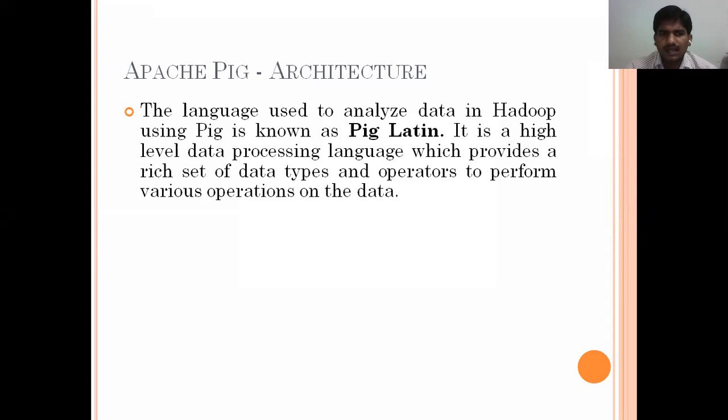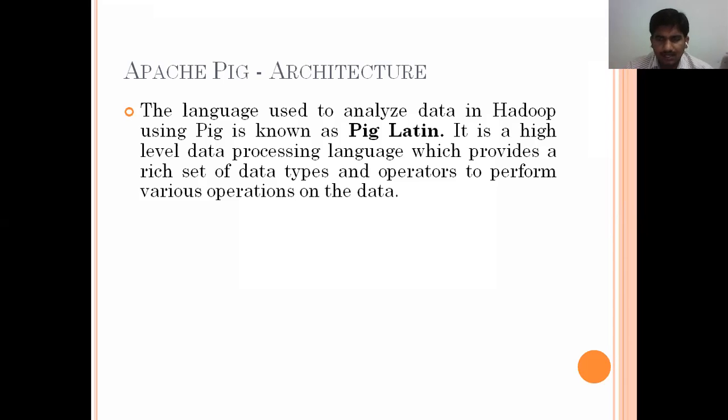It is a high level data processing language which provides a rich set of data types and operators to perform various operations on data. Before submitting data to the Hadoop MapReduce job, we submit the data to Pig Latin. Through Pig Latin, our data is arranged in such a way.